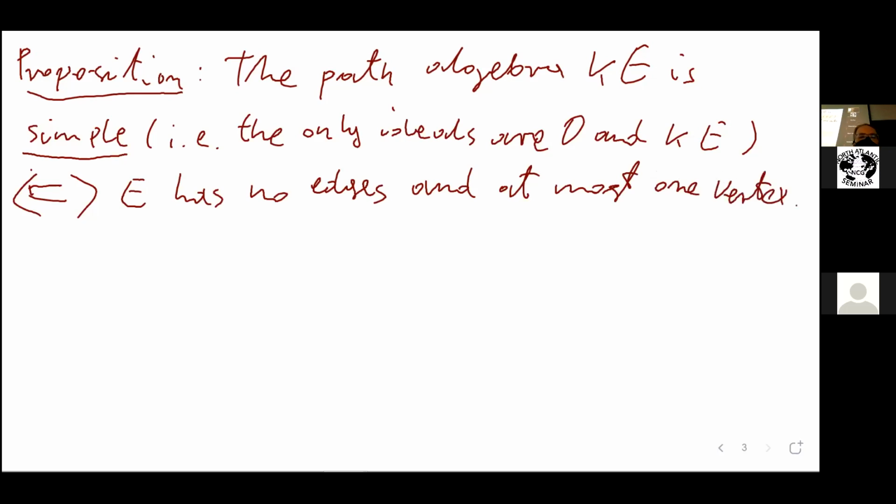So in other words, unless your path algebra is 0 for the empty graph, or just the ground field for the beautiful graph consisting of one vertex and no edges, then this is not simple, okay? And this allows us to have an immediate corollary.